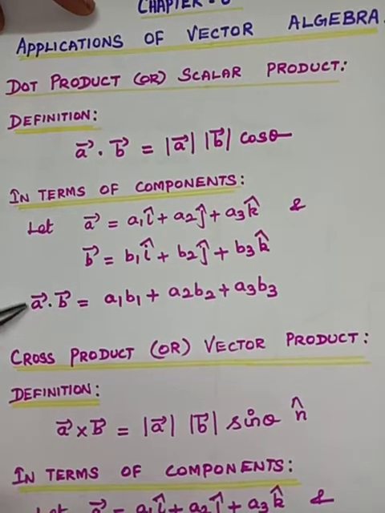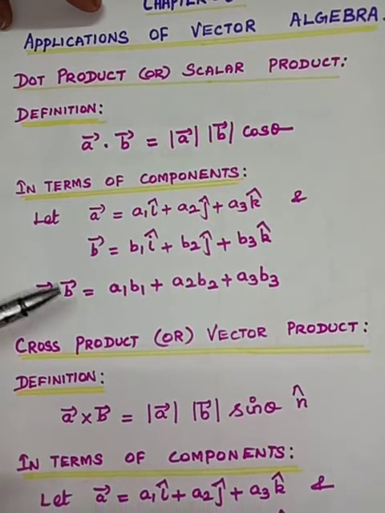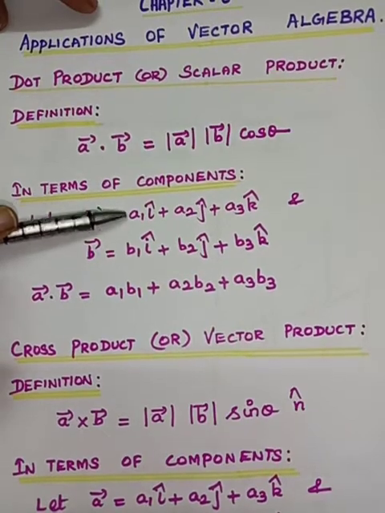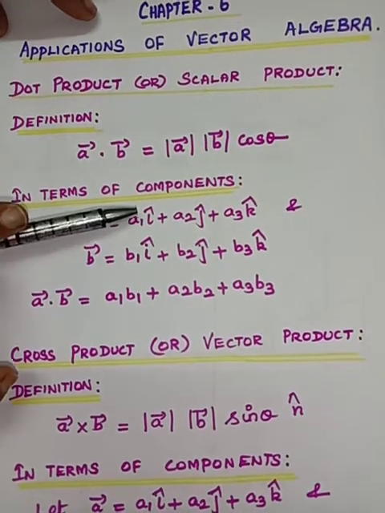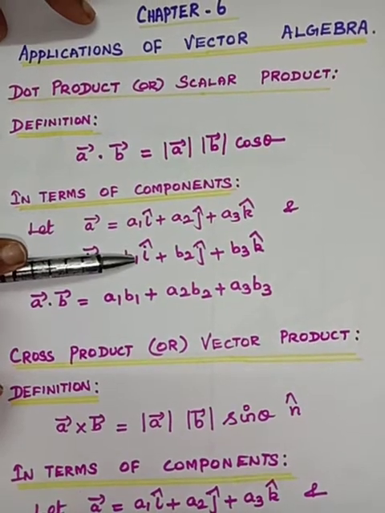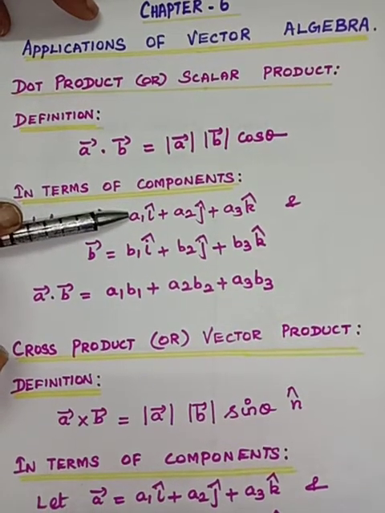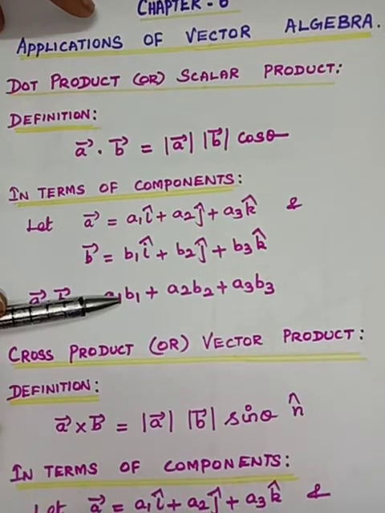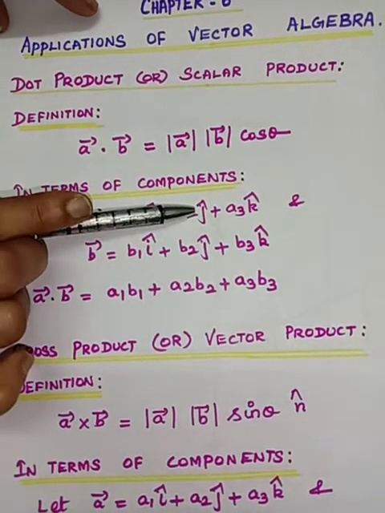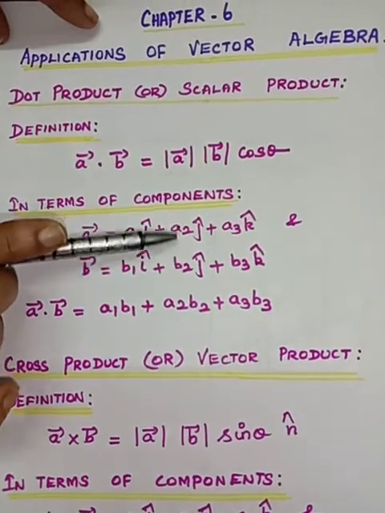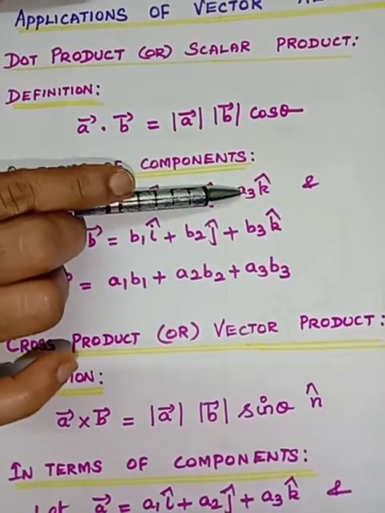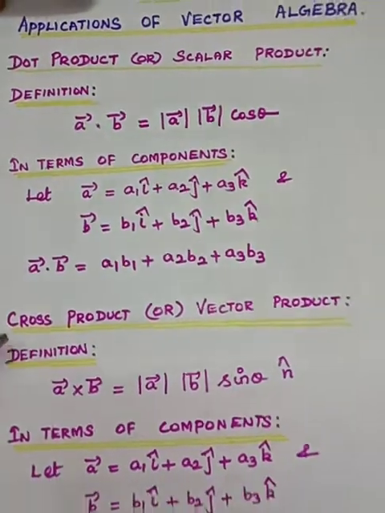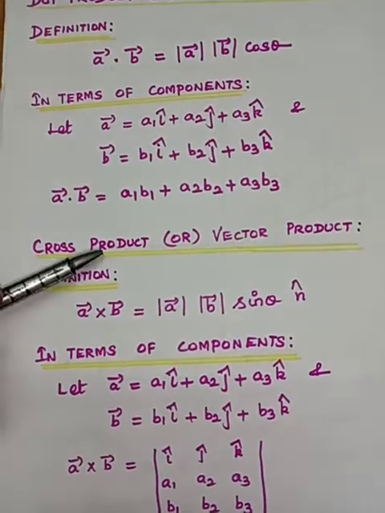If you want to take the dot product between them, you have to multiply the same components, because i dot i is 1. So you multiply a1 into b1, plus j dot j is 1, so a2 b2, plus k dot k is 1, so a3 b3.